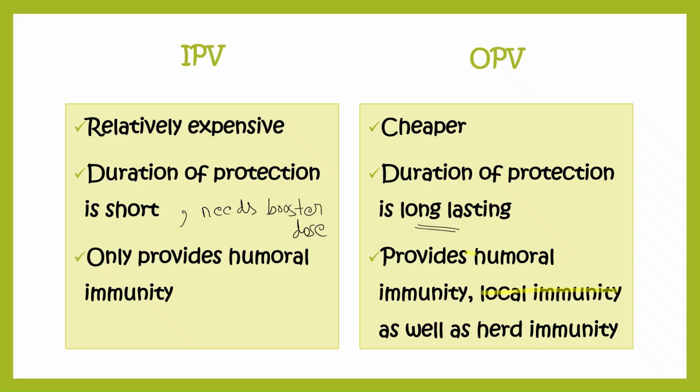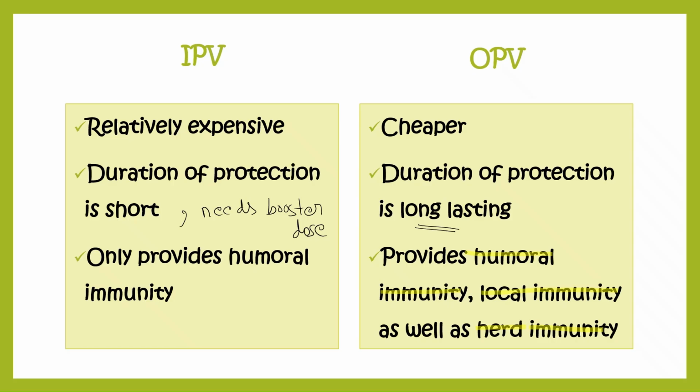But oral polio vaccine, which is given through oral route, reaches the gut first and stimulates mucosal IgA antibody production in the intestinal mucosa, and after that it enters the blood and provides humoral immunity. And also this live strain passes through the feces and spreads herd immunity in the community.